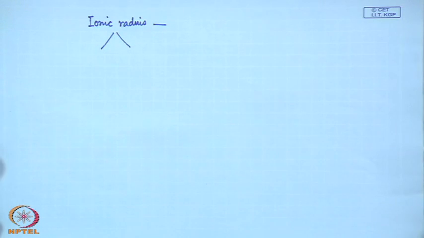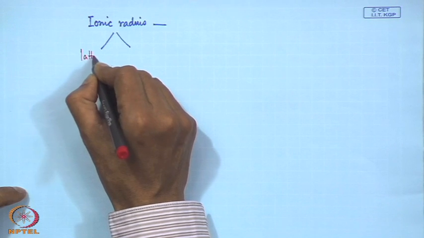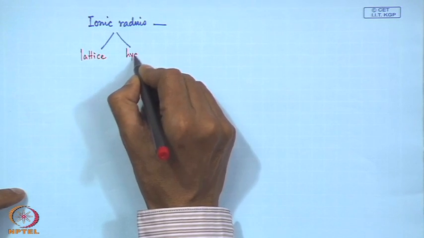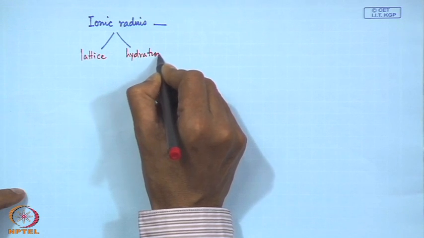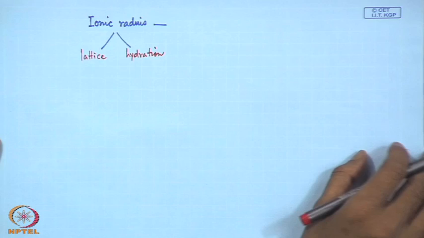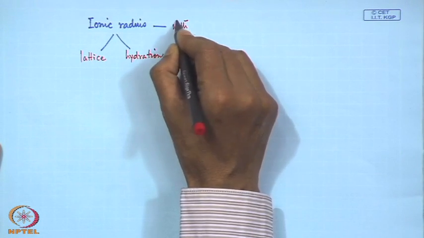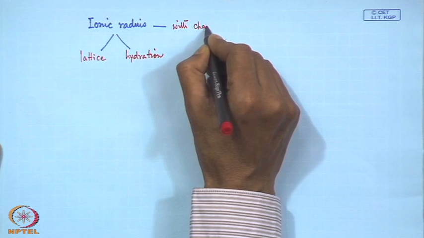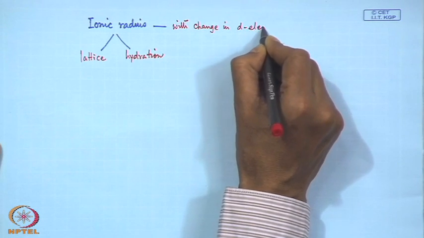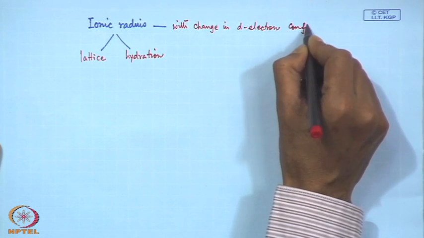What we have seen is that for the lattice energy and the hydration energies, the ionic radius is definitely changing with the change in d electron configurations.